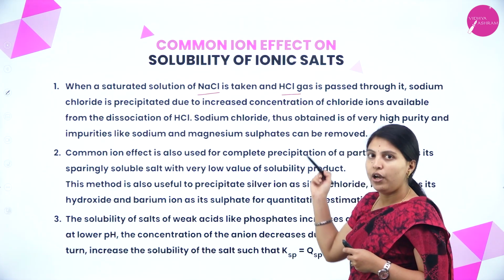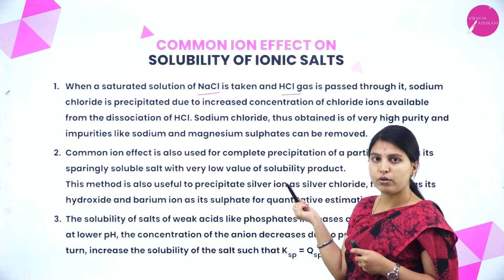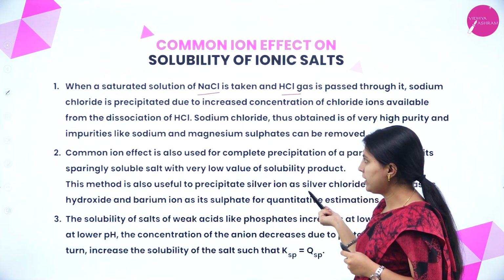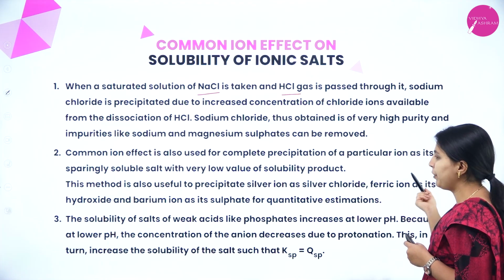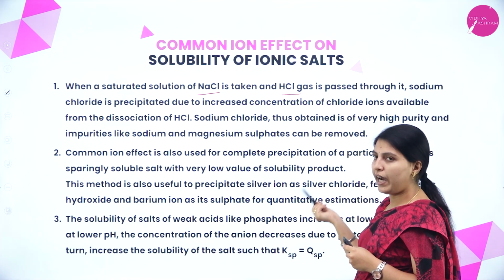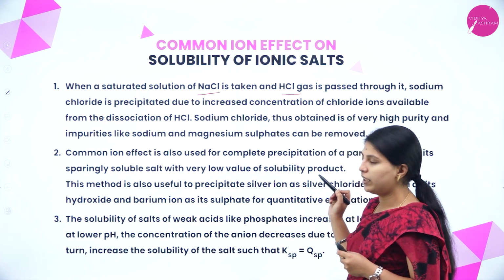What they are telling is, when sodium chloride is reacting with hydrogen chloride, obviously the chloride concentration will increase, and the sodium chloride thus obtained is of very high purity.